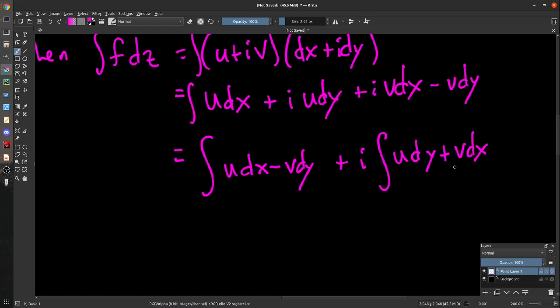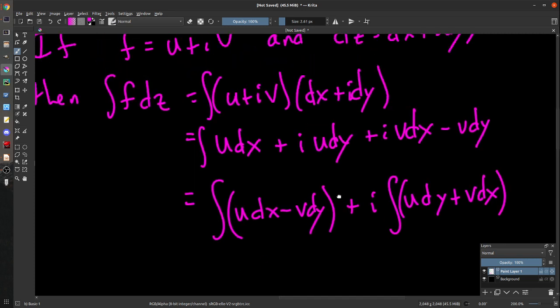This is nothing terrible or special or fancy. If you want to put these in parentheses to make yourself feel happier about it, that's fine. But that's it. This is just regular old path integral stuff from Calc 2 probably, just with the complex world.